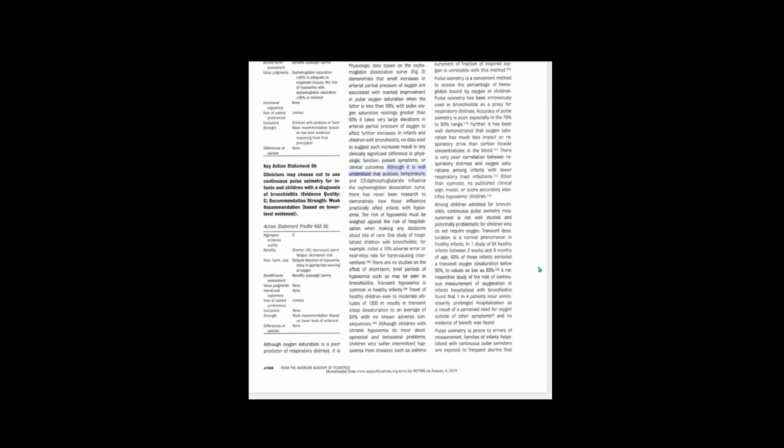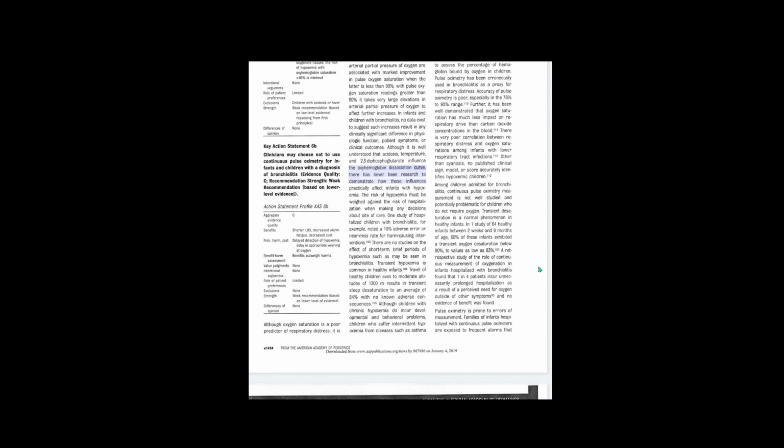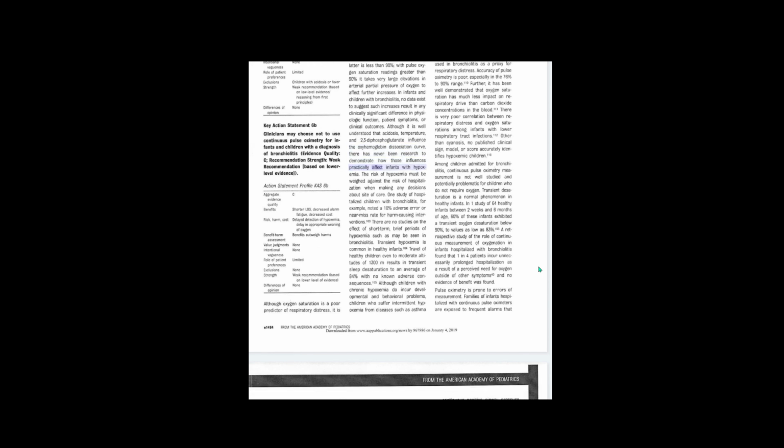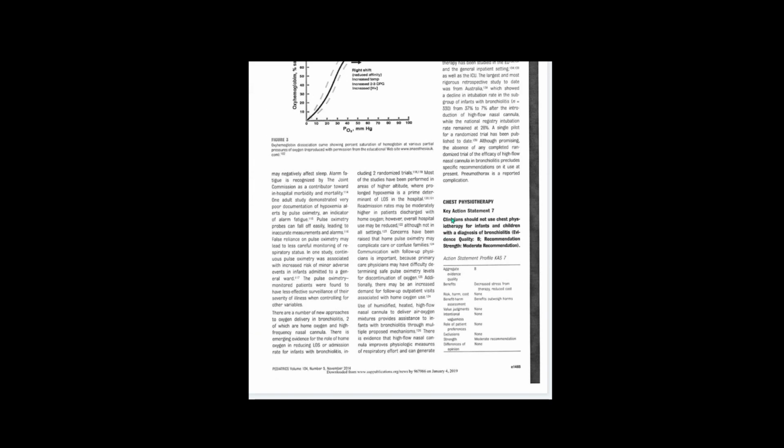Although it is well understood that acidosis, temperature, and 2,3-diphosphoglycerate influence the oxyhemoglobin dissociation curve, there has never been research to demonstrate how those influences practically affect infants with hypoxemia. The risk of hypoxemia must be weighed against the risk of hospitalization when making any decisions about site of care.